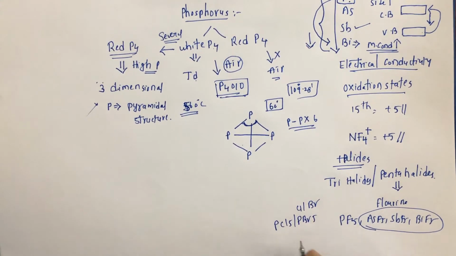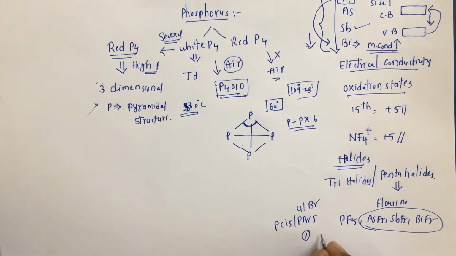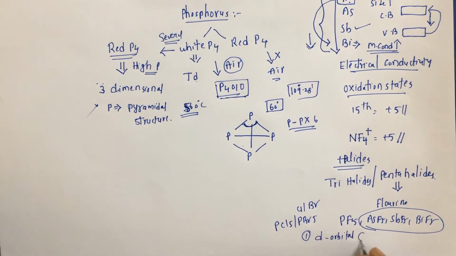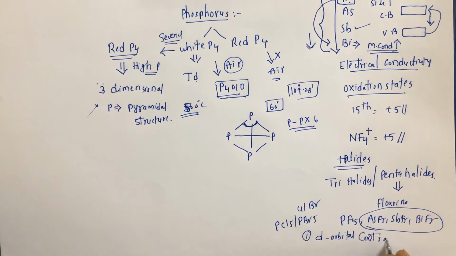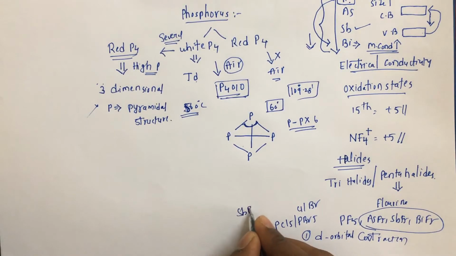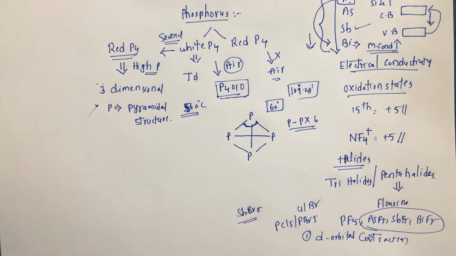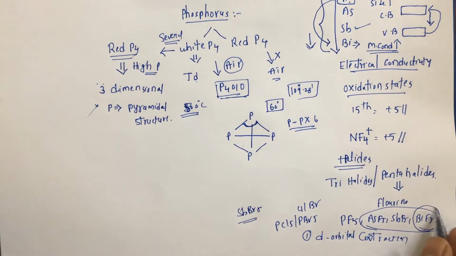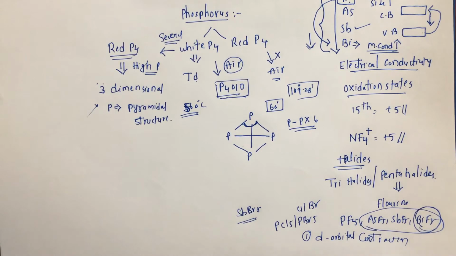There are two reasons. One is the d orbital contraction, which is because of poor shielding. So among these, the pentahalides are highly unstable because of the d orbital contraction. And going down the group, we know the inert pair effect will be there.